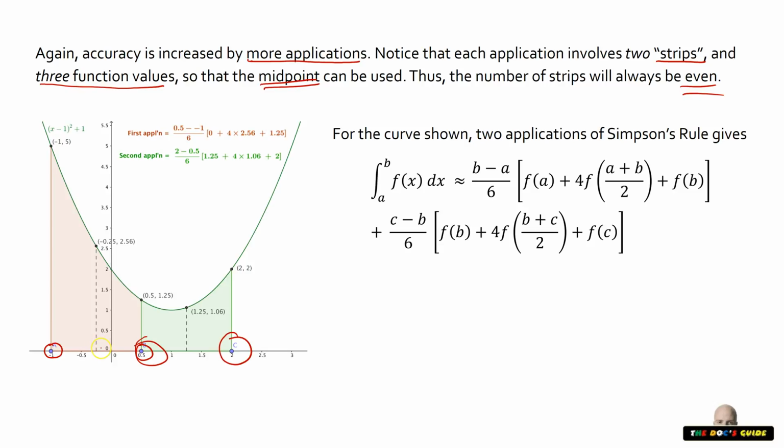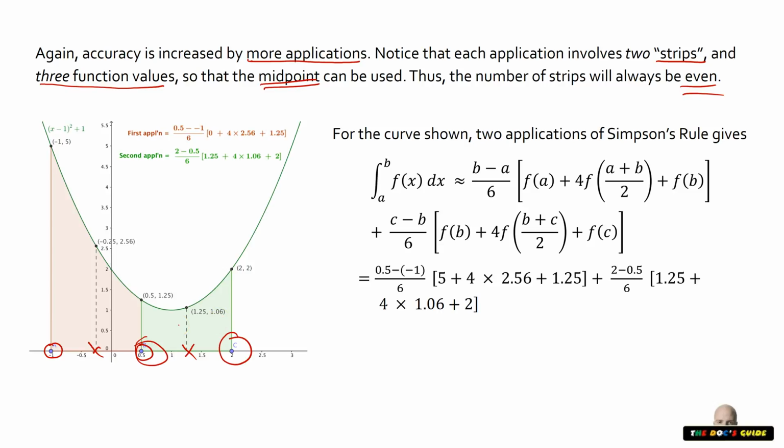But again, this is the midpoint, so notice 1, 2, 3, 4, 5 function values, 4 strips, 2 applications. Now if we plug all those numbers in, and it does get a little bit tedious and easy to make an error, then we get 6.01 square units.